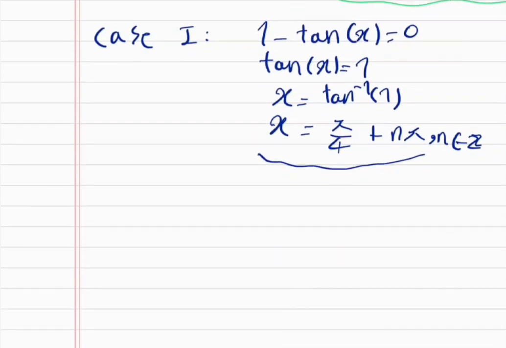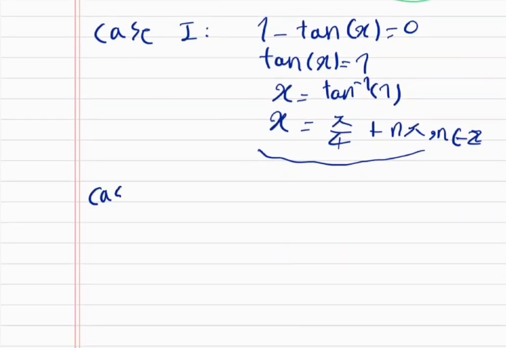But as I said, there is a second case that we need to consider. So case 2 is about the values that make the tan function undefined, because again tan is not defined for all the x values. So that's another issue here that we have with tan.